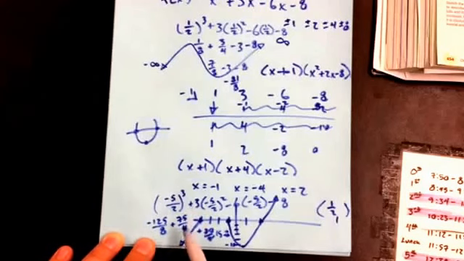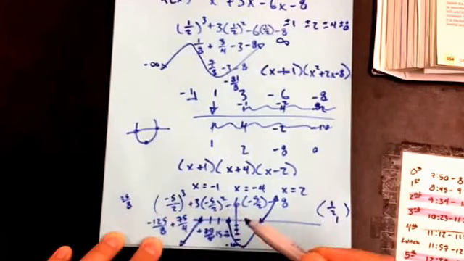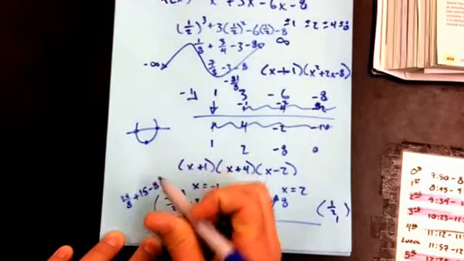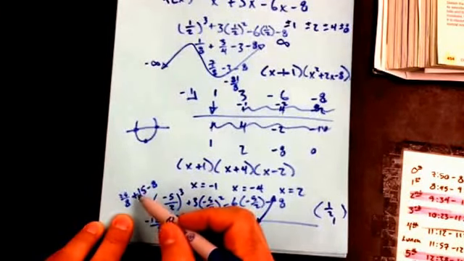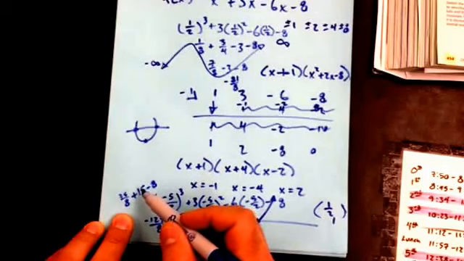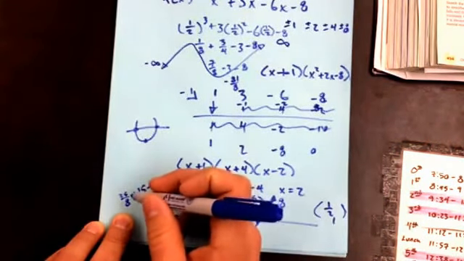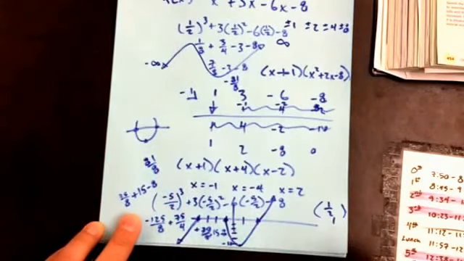When I combine this all together, that's going to be 150 over 8, which is going to be 25 over 8, plus 15, minus 8. That's going to be 81 over 8. Oh, the same number, just positive.